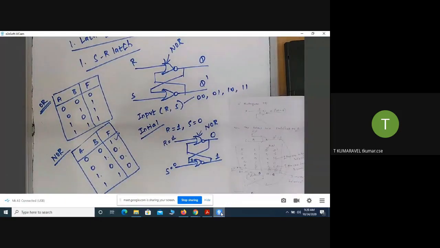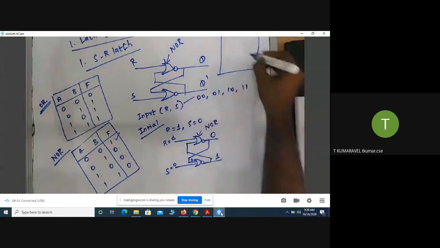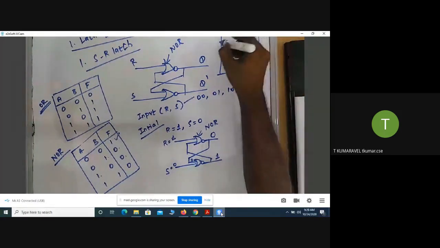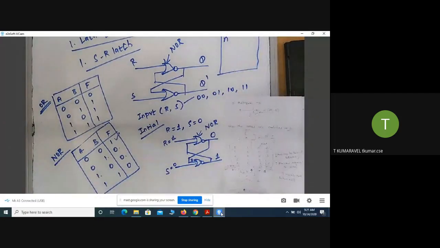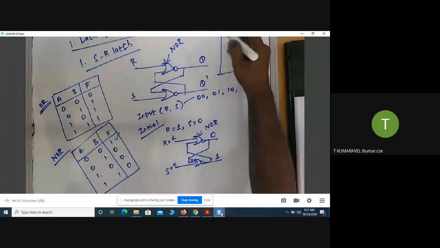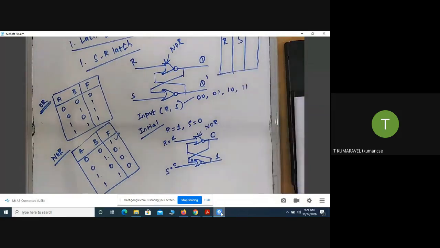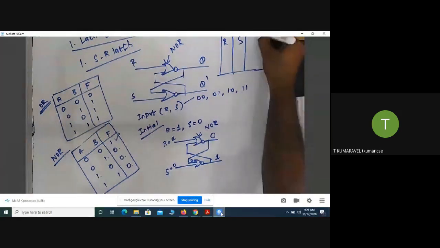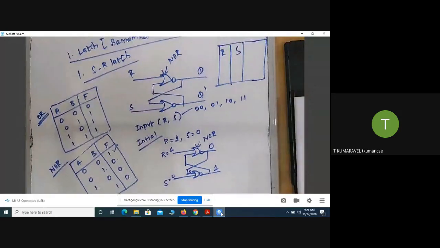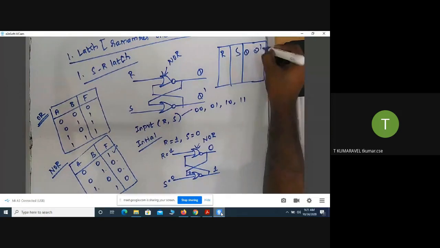Based on that, I'm going to write the behavior of the SR latch in truth table format. We try to generate the two outputs, Q and Q bar.